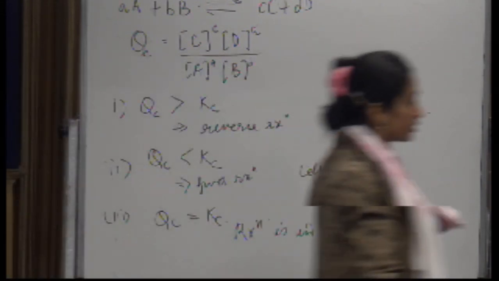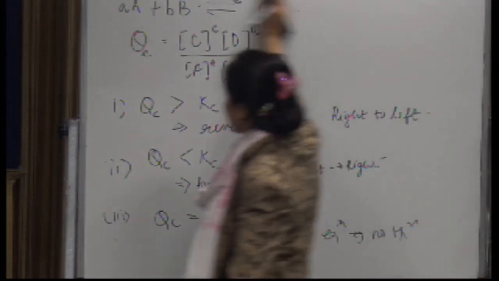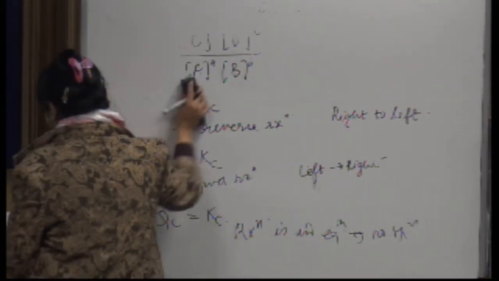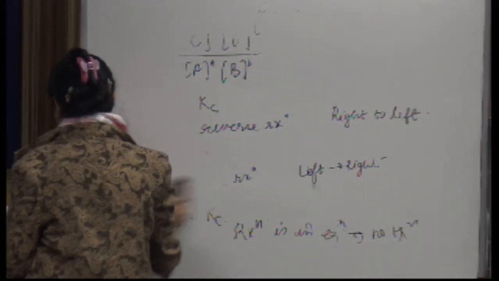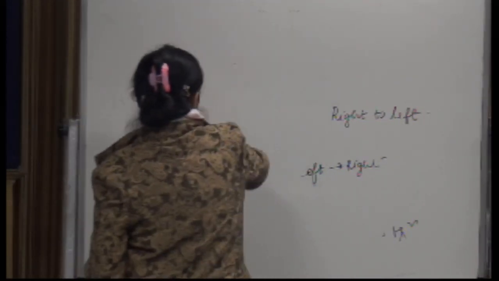If you've understood this, take down a simple problem, and we'll take up complicated problems in the next class only. Kc for a particular reaction is given as 57. ठीक है? And you have to predict the direction of the reaction now.